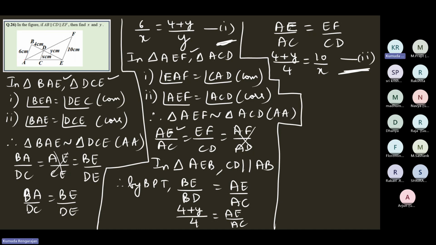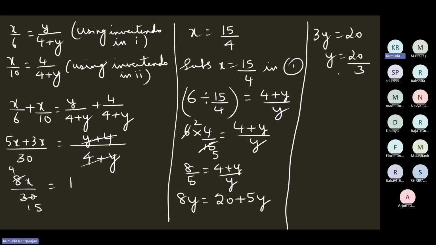Yeah. So like that, then compare the two proportions. So we have 1 and 2. Compare 1 and 2. So I told you when you have proportions, if one ratio is the same in both the proportions, by comparing those two proportions, you get a new proportion. I showed you that.